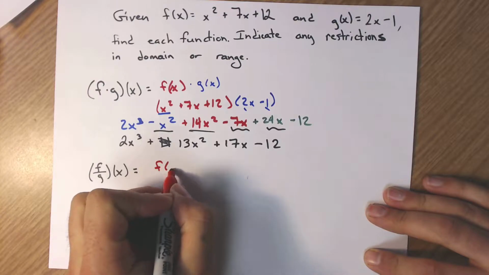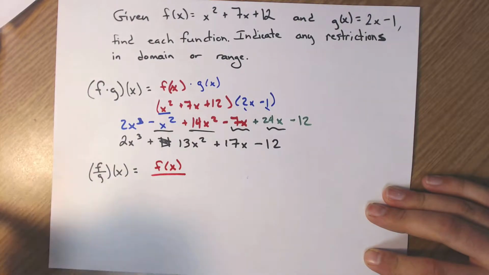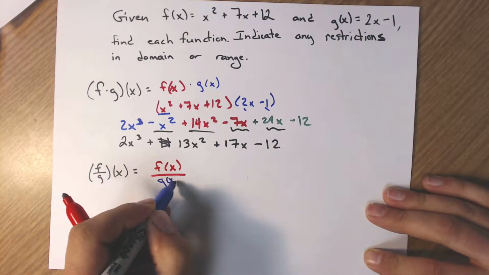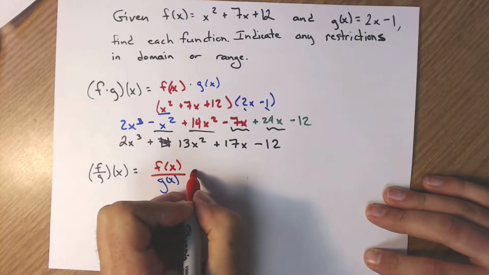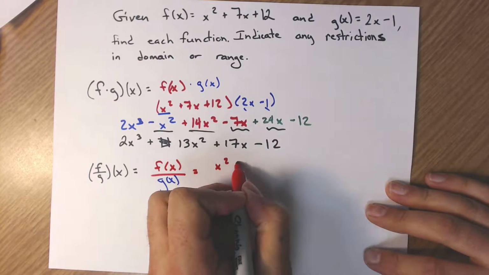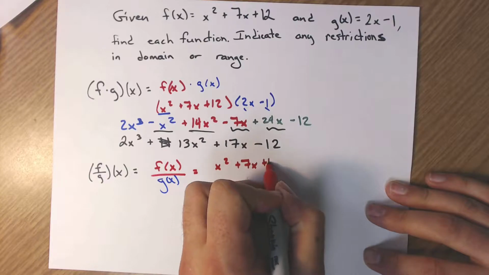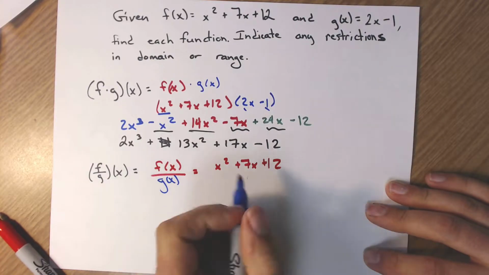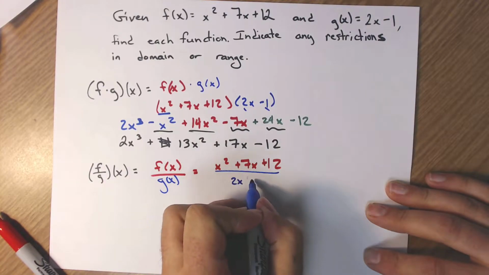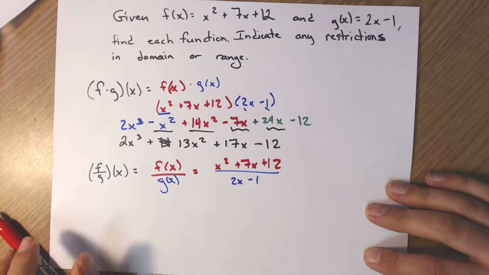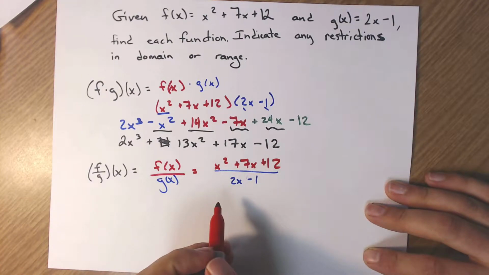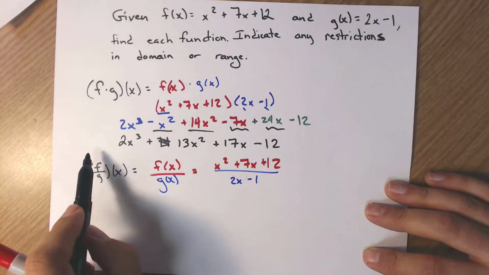Now we have f of x divided by g of x. f of x being x squared plus 7x plus 12, and we divide that by 2x minus 1. In this case, when we're dividing, we can sometimes do some simplification.